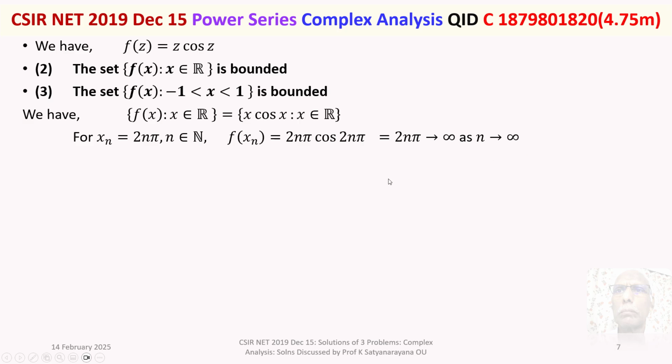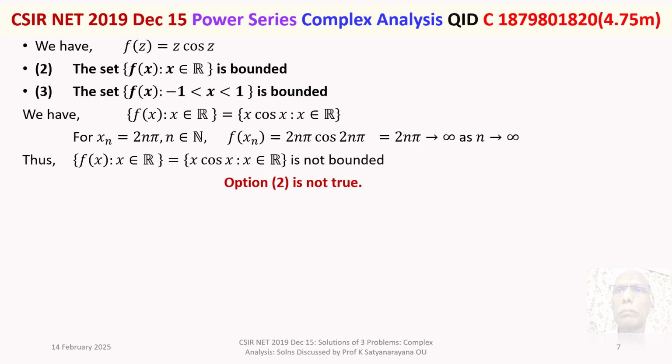That means this set f of x, x belongs to R, is an unbounded set. Thus this set is not bounded. Therefore, option 2 is not true.